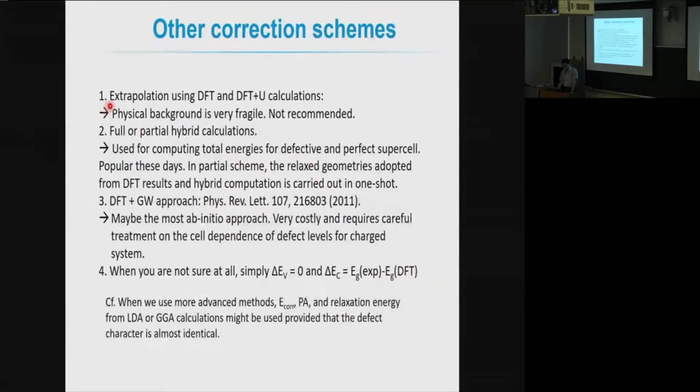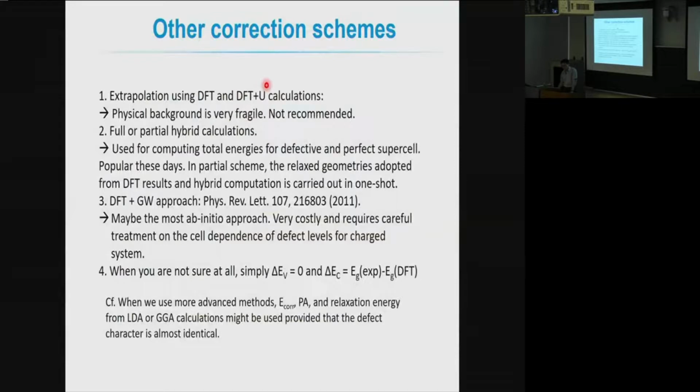There are some other correction schemes, okay? The first, which a long time ago was quite popular, is extrapolating using DFT and DFT plus U calculations. This means that in DFT calculations the band gap is small, and DFT plus U, which we have not discussed here but is necessary for d-electron systems, the insulating d-electron materials, can increase the band gap.